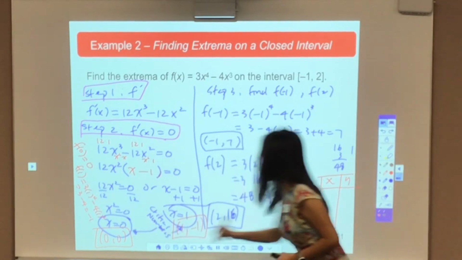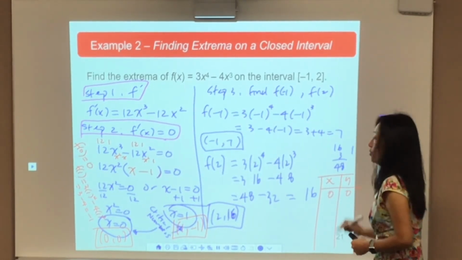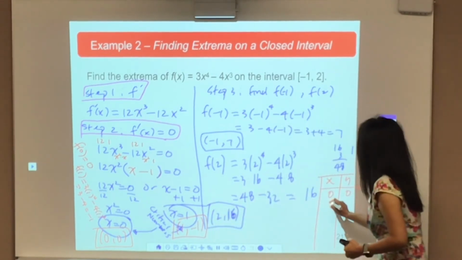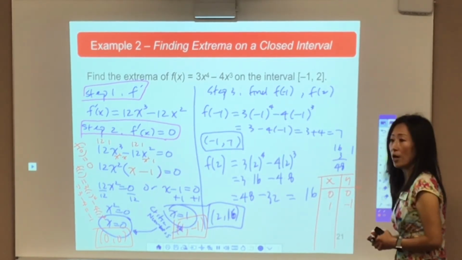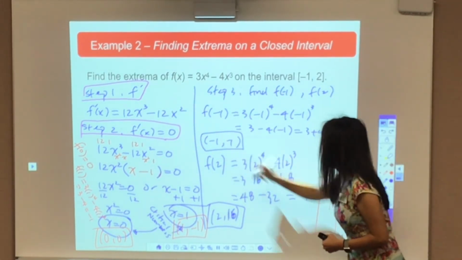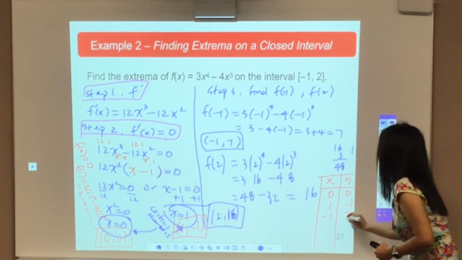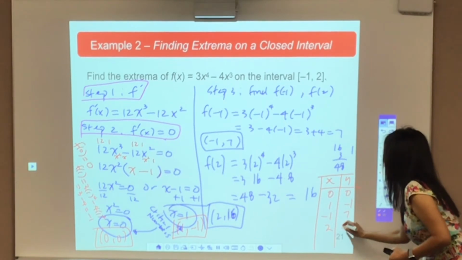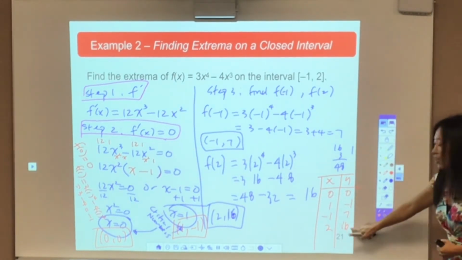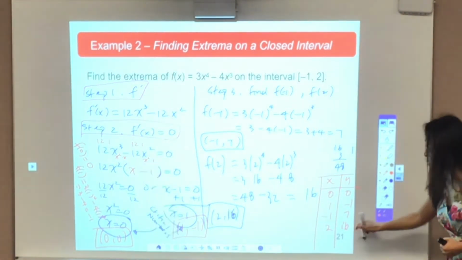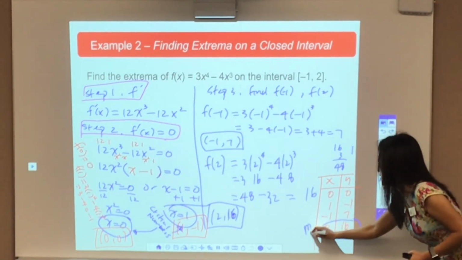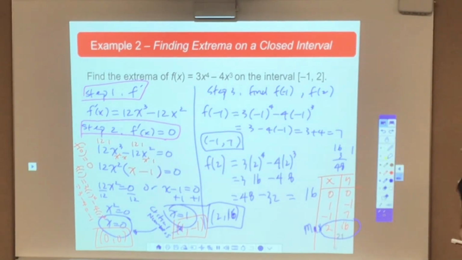At x equal to 0, I have a 0. What else do you have? X equal to 1, I have a negative 1. X equal to negative 1, I have a 7. X equal to 2, I have a 16. So which y value is the biggest one? 16. So I know this is my max.